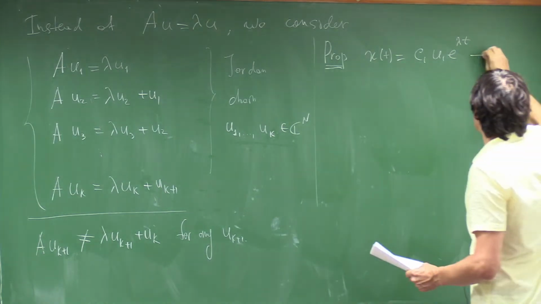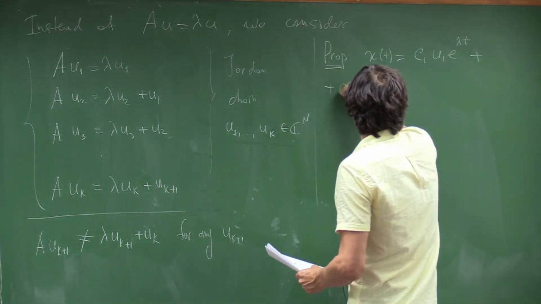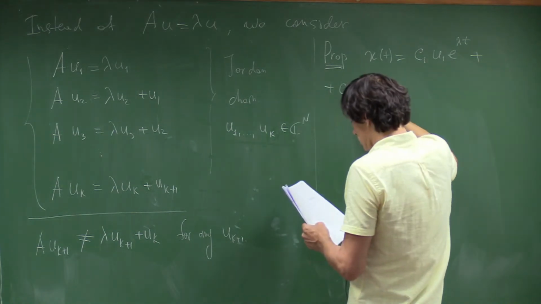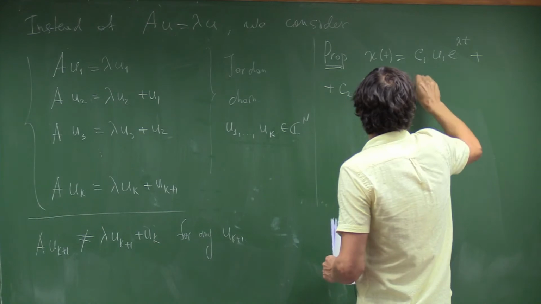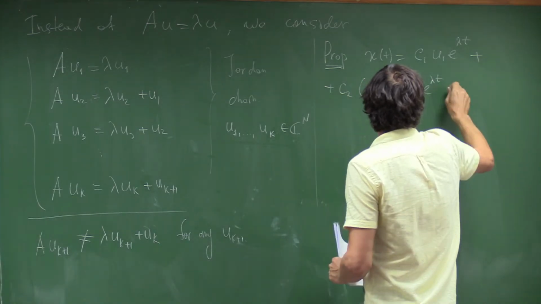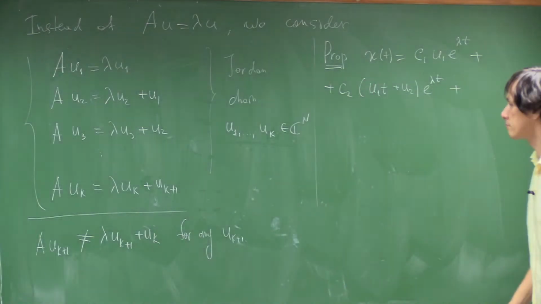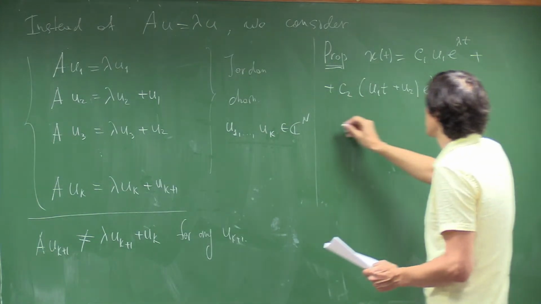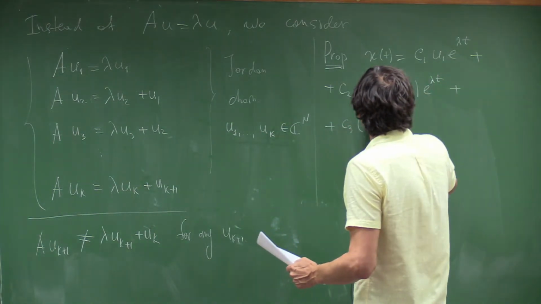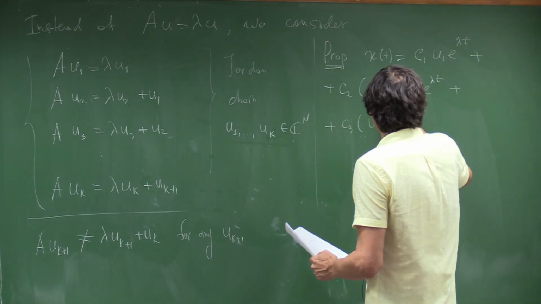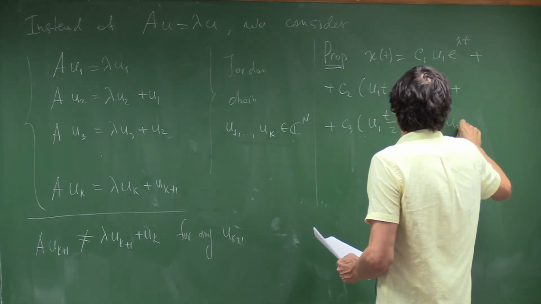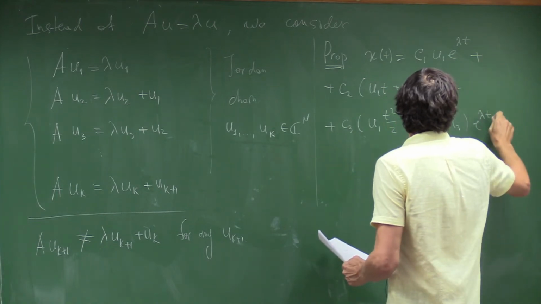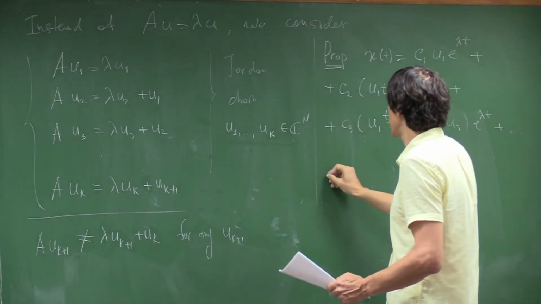Then you can get another one, which is (u1 t plus u2) e to the lambda t. Another one will be (u1 t squared over 2, plus u2 t, plus u3), and so on.